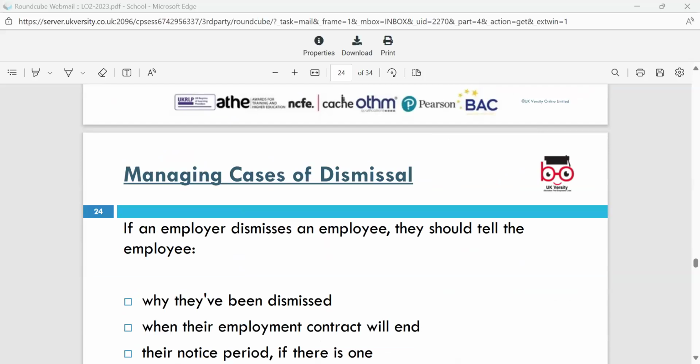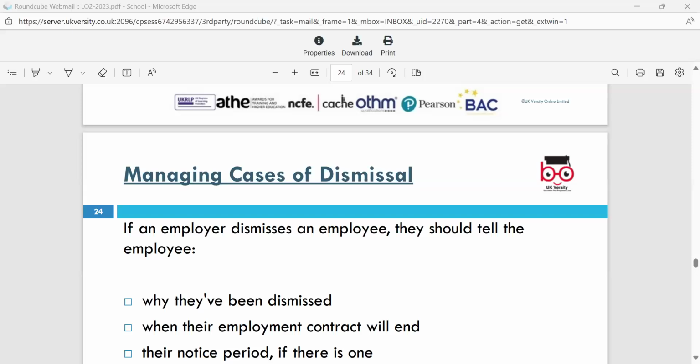Before dismissal, you need to carry out an investigation, hold meetings, and consider alternatives to dismissal. If it's capability, you need to issue warnings, and handle gross misconduct.